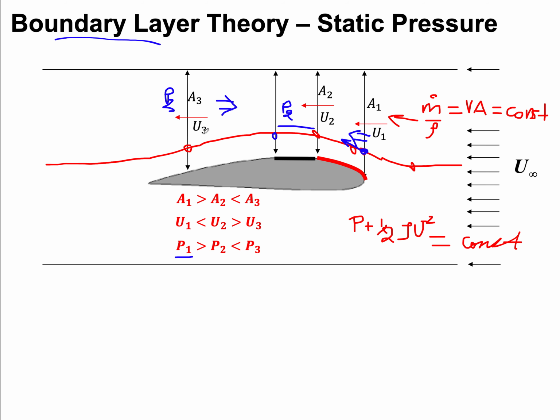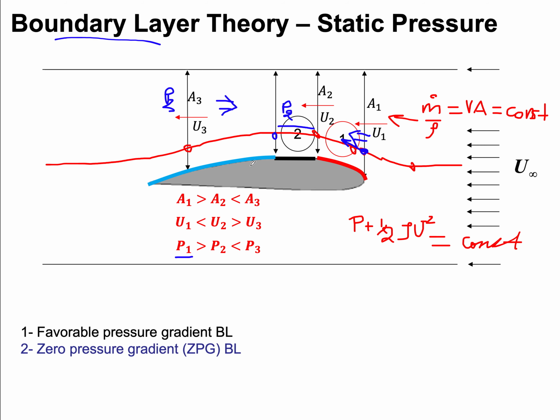And here you have a positive pressure gradient, so the pressure is increasing, but it's not good for the flow, it's opposing the flow. Positive doesn't mean it's good, it means it's an adverse pressure gradient. So I have region 1, which is a favorable pressure gradient region. Region 2 is a zero pressure gradient, and region 3 over here is an adverse pressure gradient region.